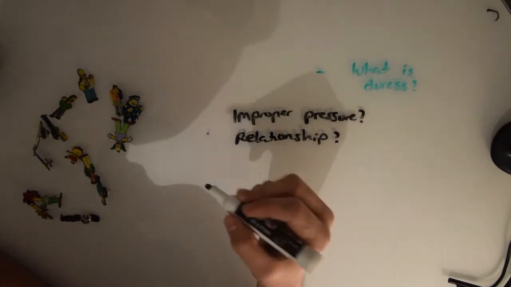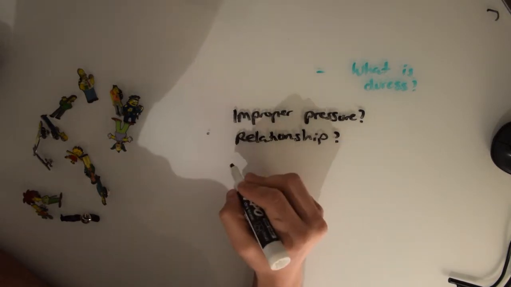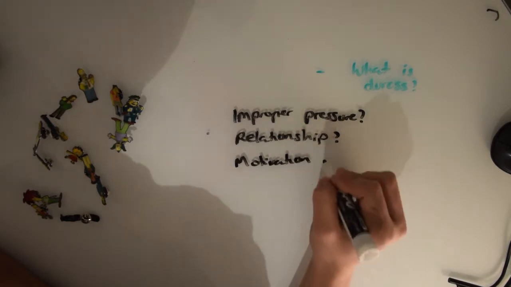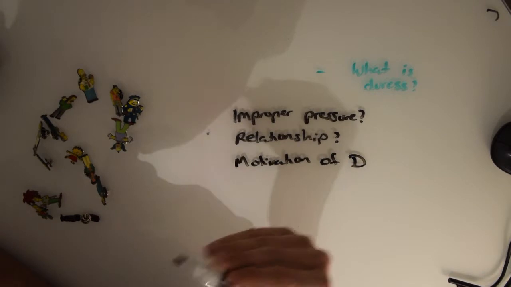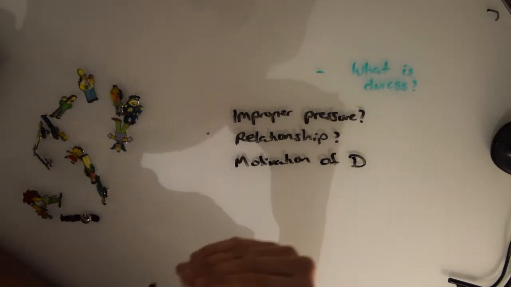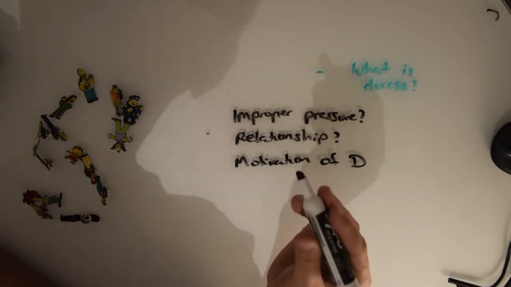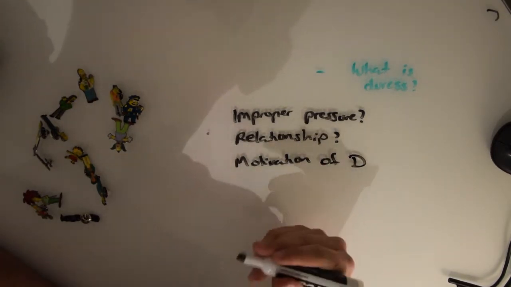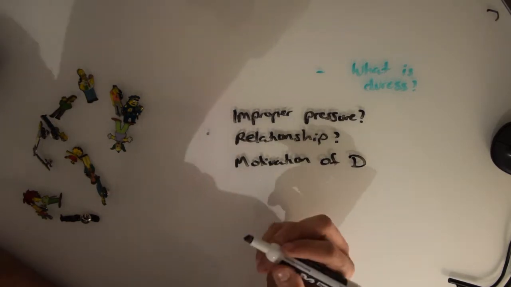Thirdly, whether the defendant's motivation in exerting the pressure was improper. Fourthly, whether the outcome of the application of the improper pressure results in a bargain which is intrinsically unfair to a party. So effectively, the party that is a victim to the duress is now put in an unfair position.